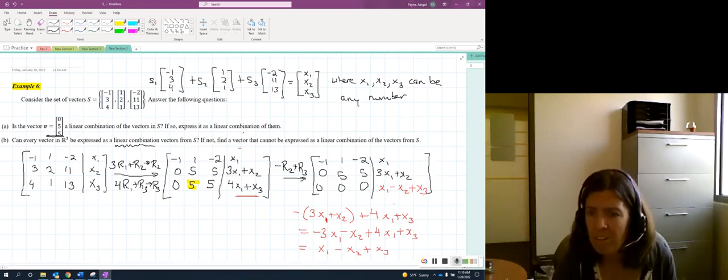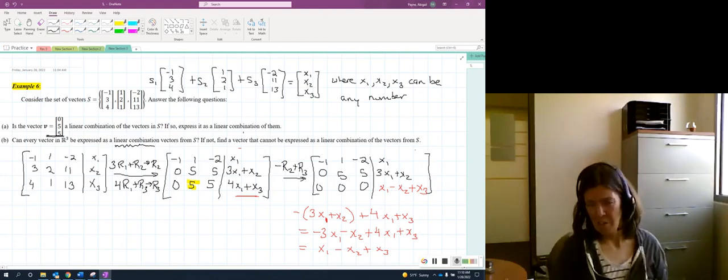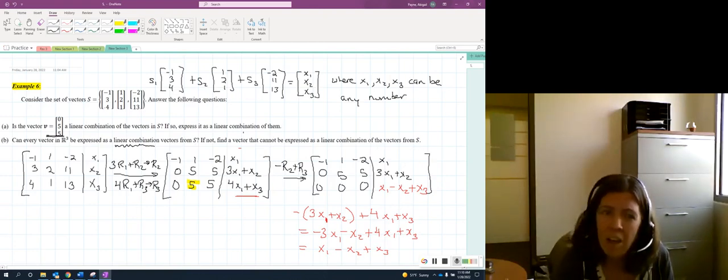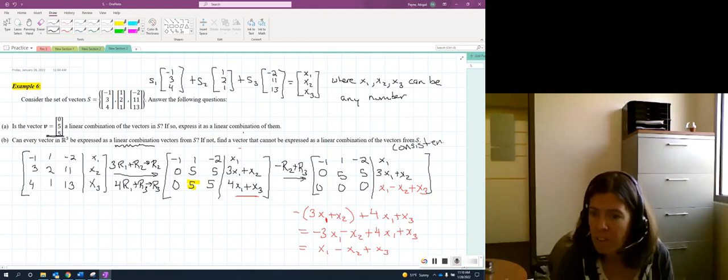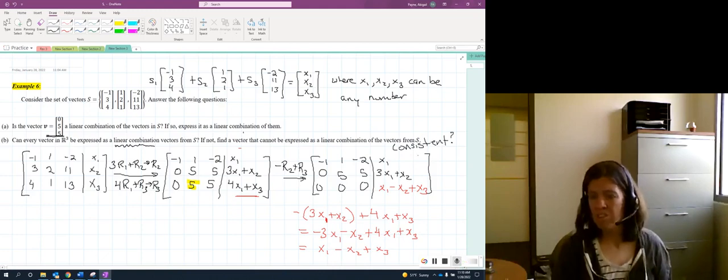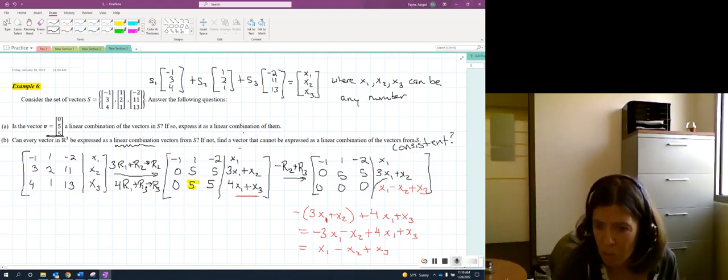Now this system, remember that I said in that previous video that the answer to part A was yes, because when we row reduced the matrix, what we found was a consistent system. So the question with this one is, would this system always be consistent no matter what we choose for x1, x2, x3?